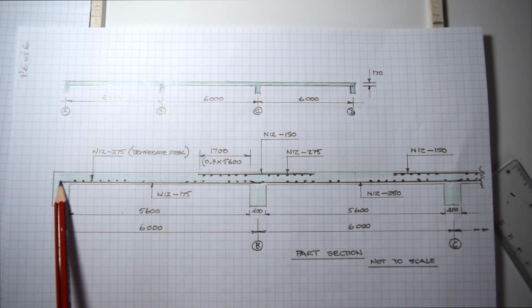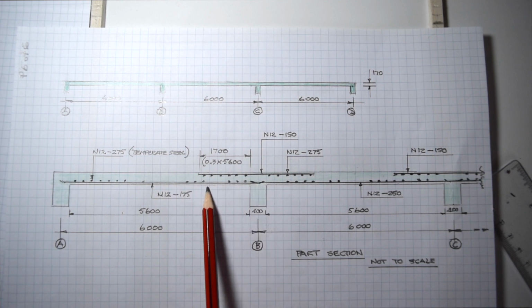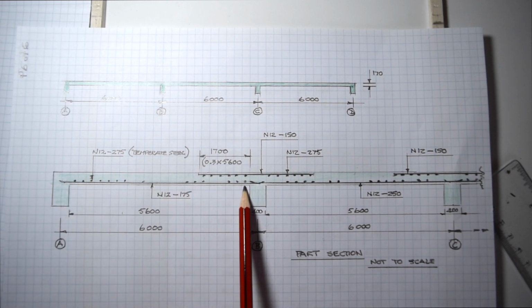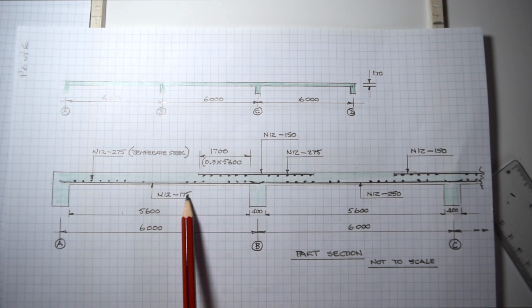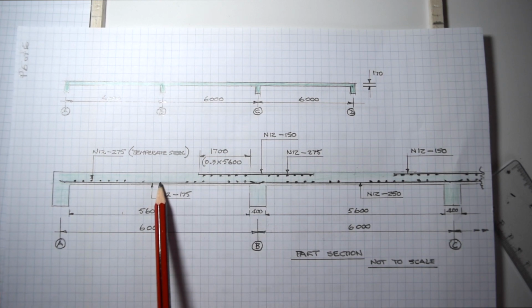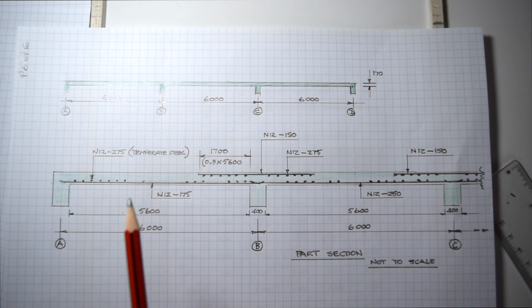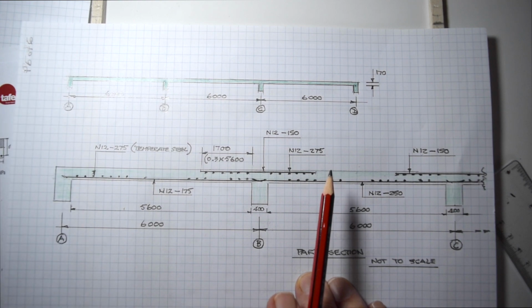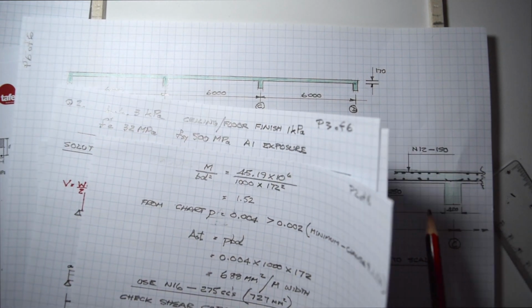So I've drawn the steel right through. I have not curtailed the steel as the code says. I've just run those bars right through. You have N12s at 175, which are your main bars running that way. Was it 175? Let me check on that. Something just tells me it was N16s, but let me just have a look.